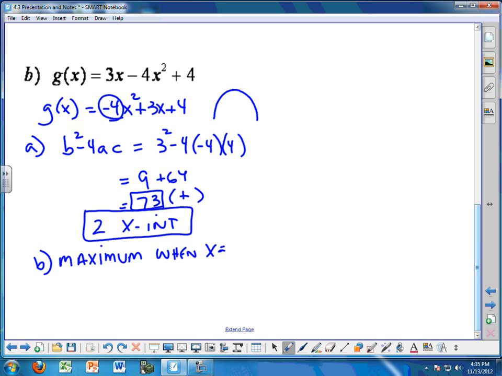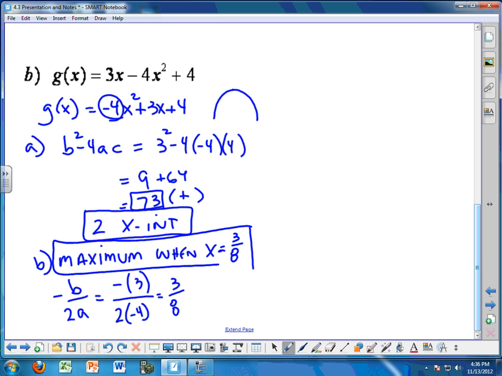But we know that that's going to be the x value of the vertex, which is negative b over 2a. So the negative, the b value being 3, twice the a value, negative 4. So this should give us a number of 3/8. So when x is 3/8, I'll write that in there. And that gives us the first part there.